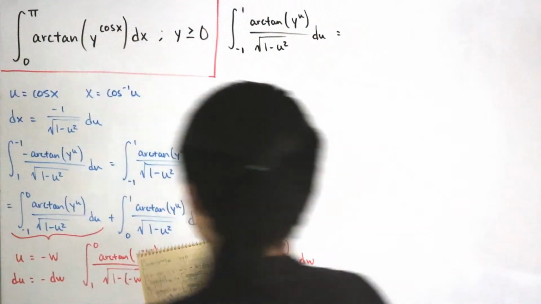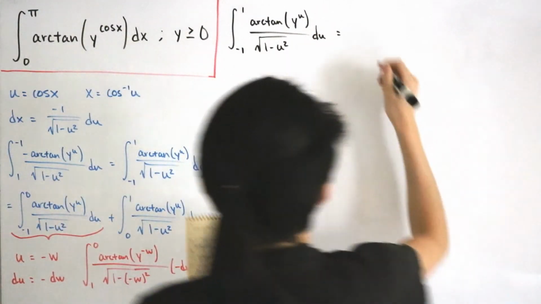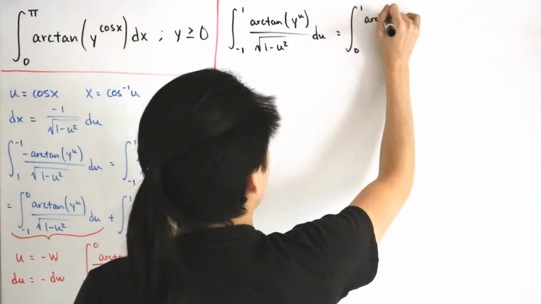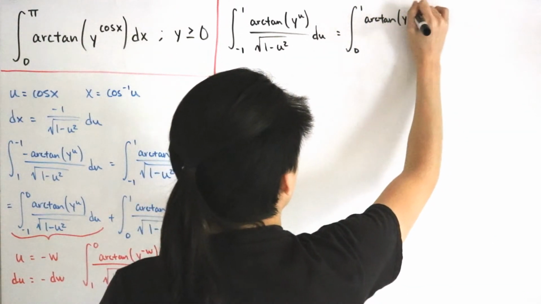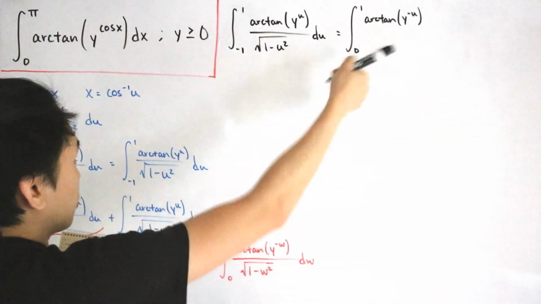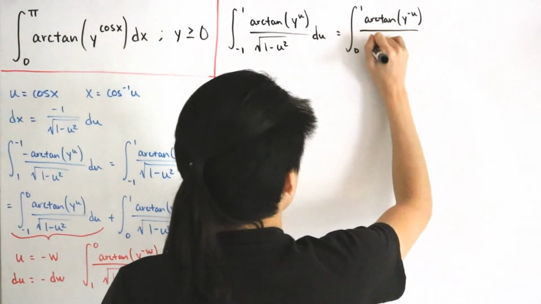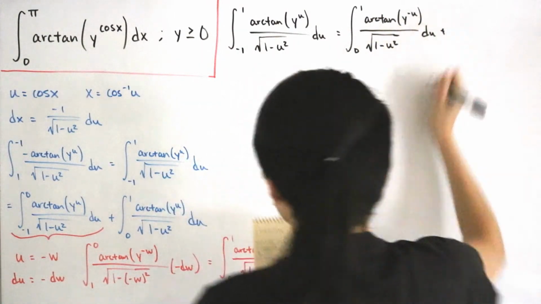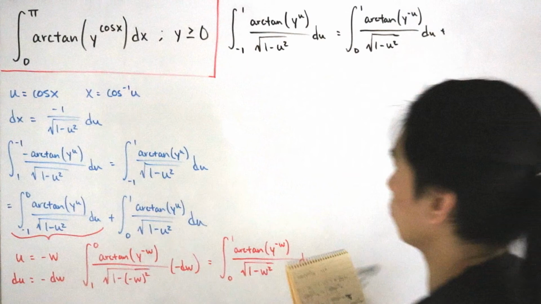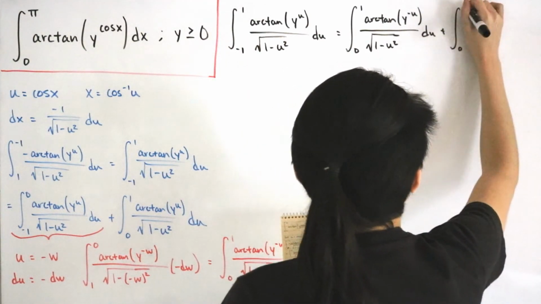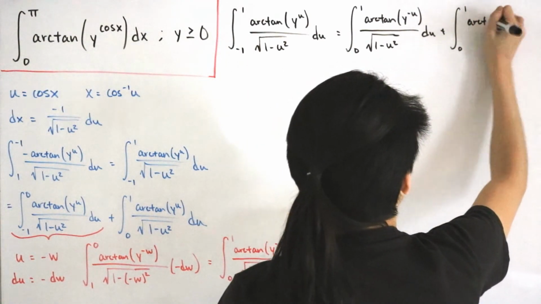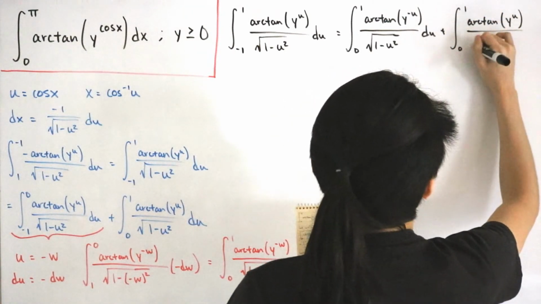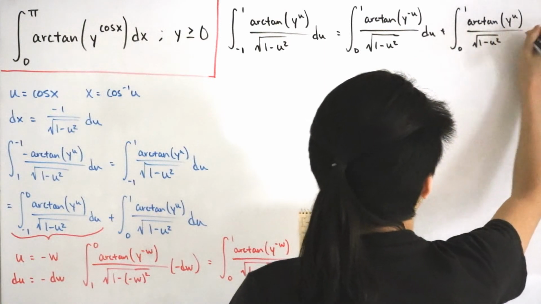Then we see that I replace this integral with this integral over here, and we have 0 to 1 of arctan of y to the negative u, again, dummy variable, so we can put this back into the world of u, and then divided by the square root of 1 minus u squared, du, and then add this back with this integral over here. So the integral from 0 to 1 of arctan of y to the power positive u, and then divided by the square root of 1 minus u squared, then du.